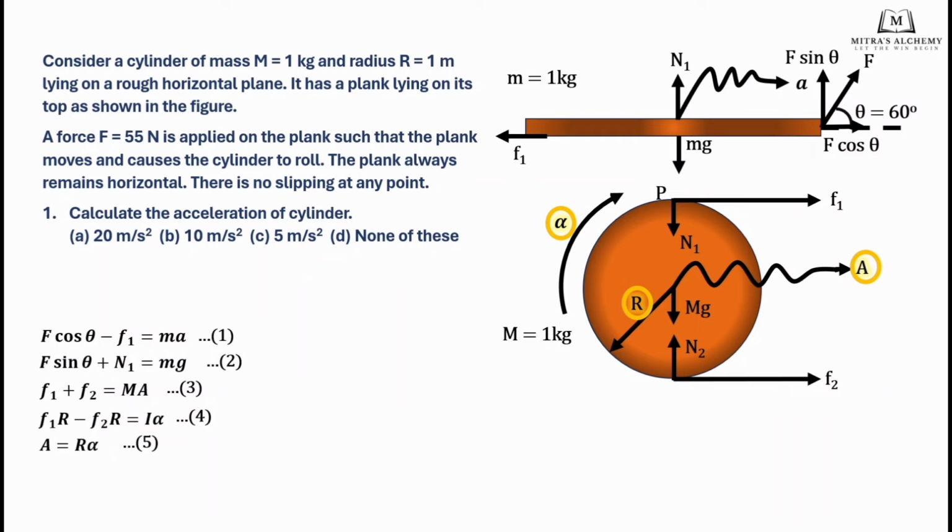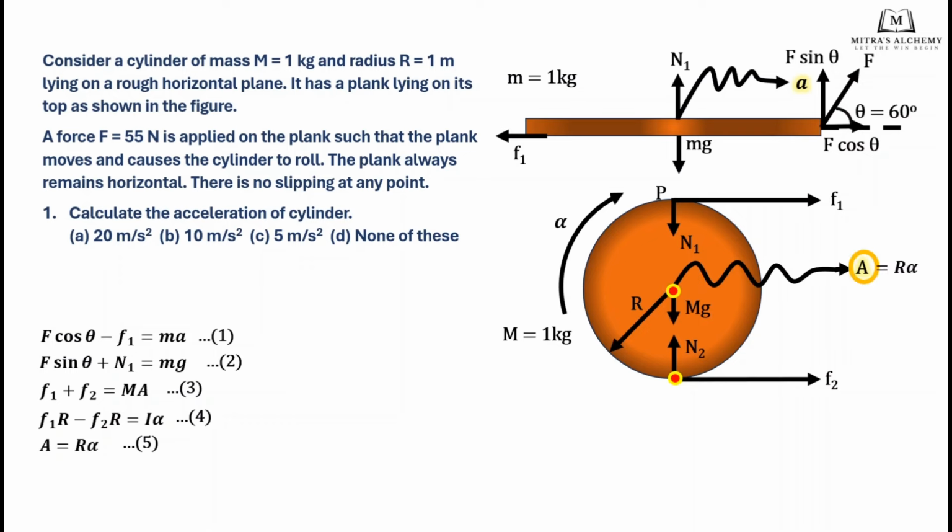And now we are going to relate this capital A of the cylinder to the small a of the plank. Let's see how to do it. At this particular instant, we can assume that the cylinder is rotating with respect to the bottommost point as shown here.